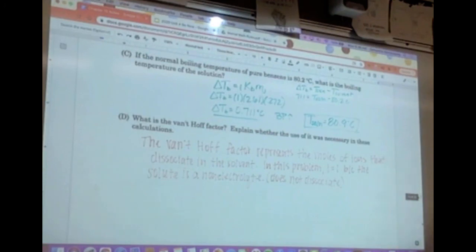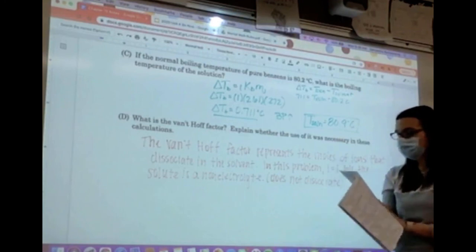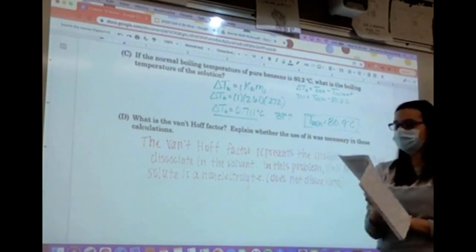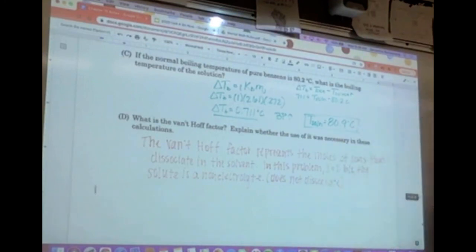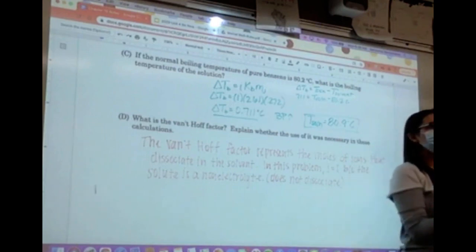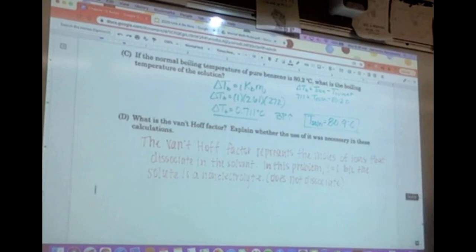There was a little table that had sucrose, NaCl, K2SO4, and MgSO4. And it said what the expected value of i was. Sucrose has an i of 1. That's a molecule. It's a covalent compound. i is 1. NaCl, i was 2. K2SO4, i was 3. So it's how many particles it breaks up into.